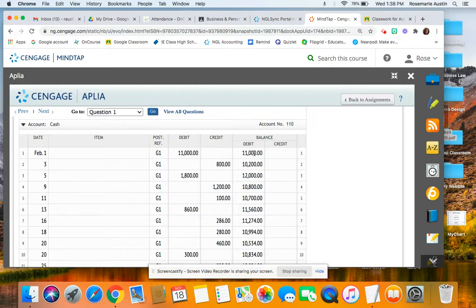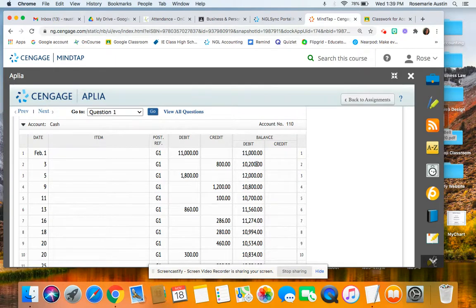If it's a debit balance and a debit transaction, you're going to add. If it's a debit balance, but it's a credit transaction, you're going to subtract. Now, if it's a credit balance and the transaction is a credit, you're going to add them. If it's a credit balance and the transaction is a debit, you're going to subtract them.